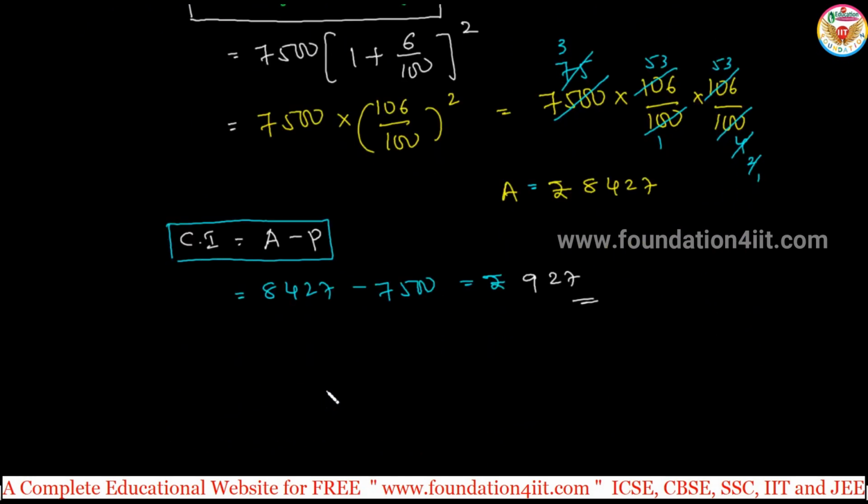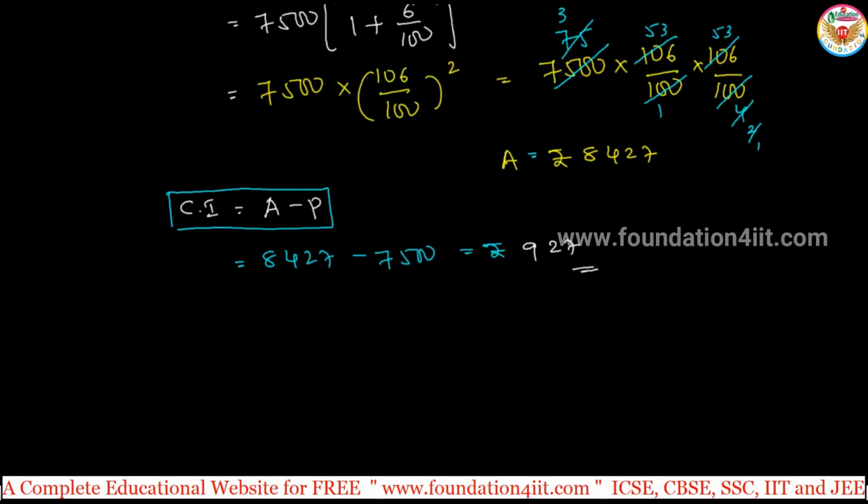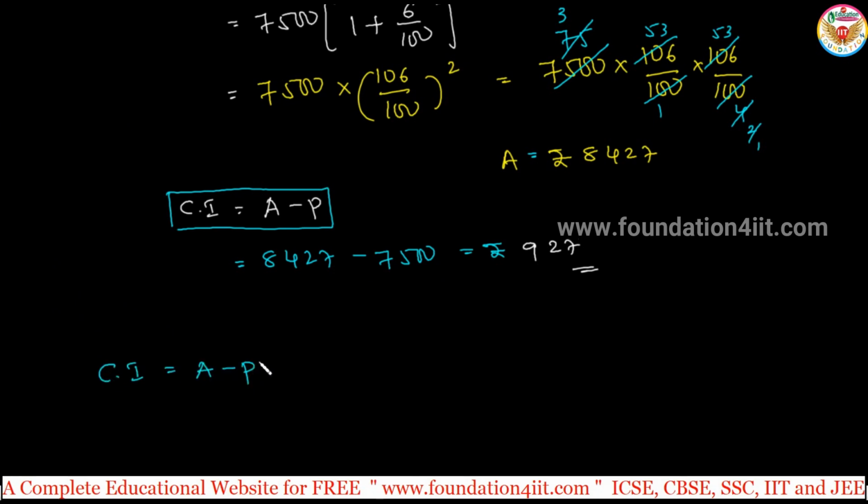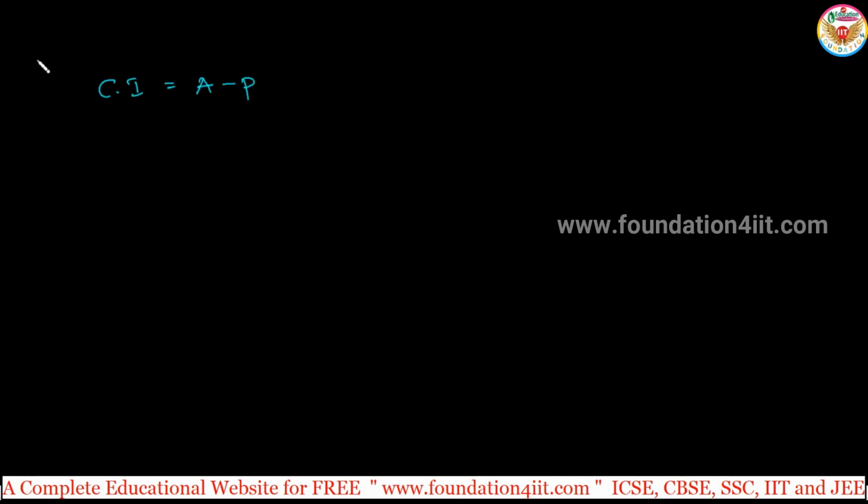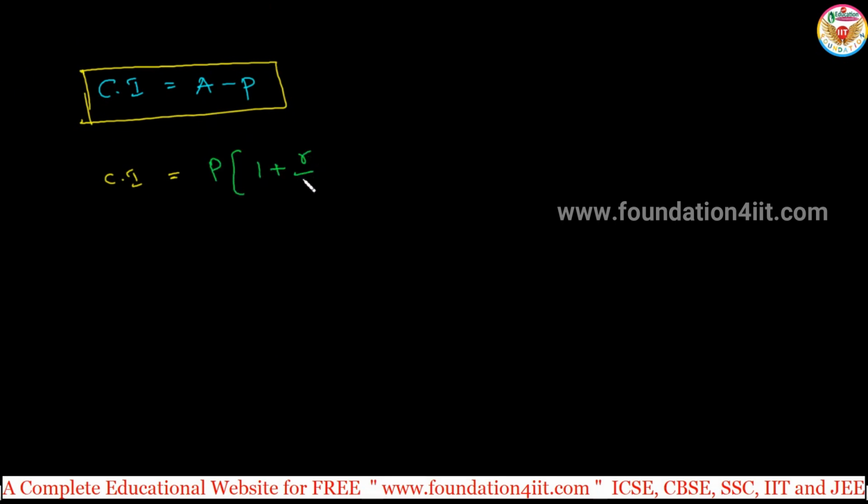Or else there is one method: directly, if you want to find the compound interest using the same formula, let me show here. We already know compound interest is equal to A minus P. Let me show you the direct formula. Compound interest is equal to, amount is P into 1 plus r by 100 to the power n, minus P again. From both you can take P common.